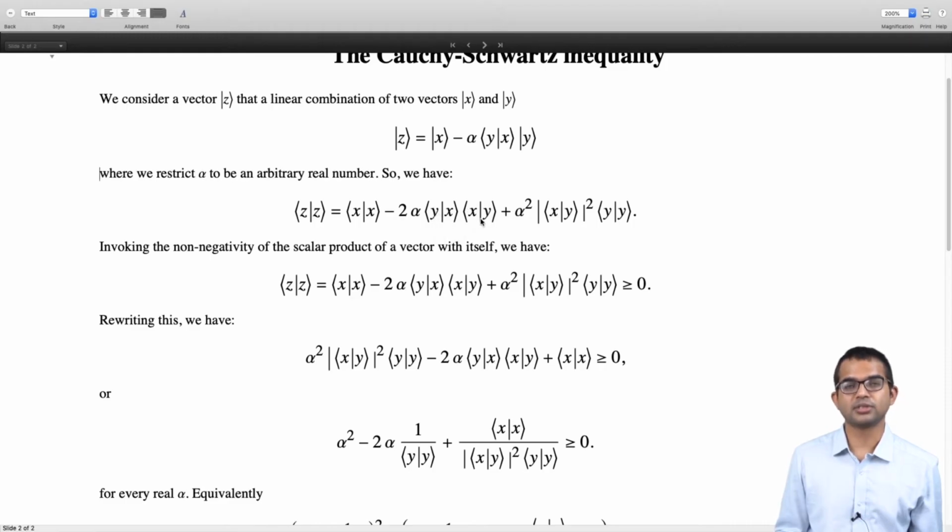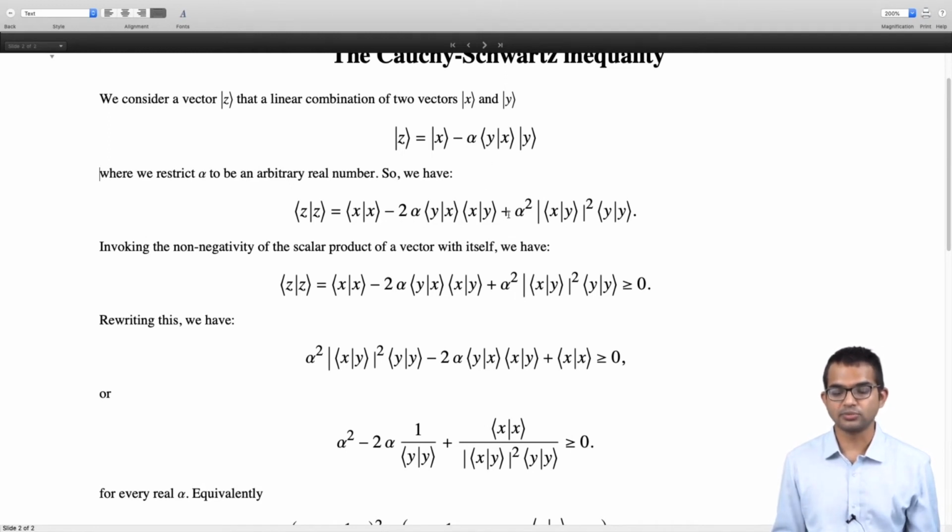You get yx times xy and xy times yx, doesn't matter. So you can couple both of them, you'll get minus 2 times alpha times yx times xy, and then the final term, which is plus alpha squared times mod of xy the whole squared times yy, right?